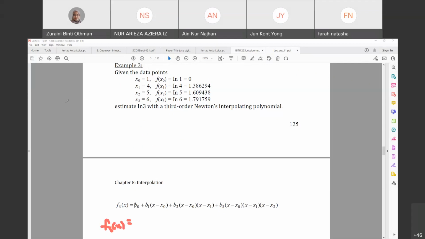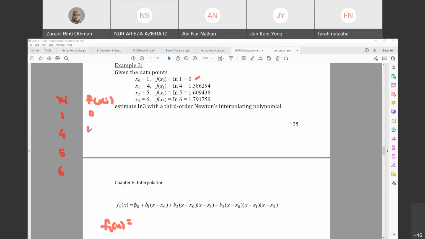So sekarang dekat situ, X kita kat sini Xi. Okay, it is from 1, 4, 5, 6. Okay, sekarang kita nak cari B0, B1, B2, B3 without using the formula lah. Tapi kita nak guna this kind of system. So this is FXi.